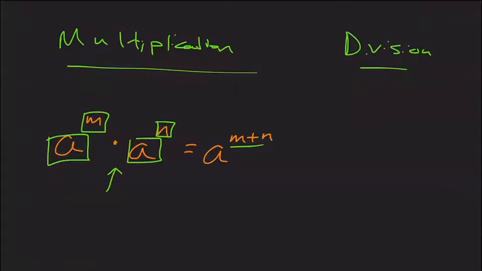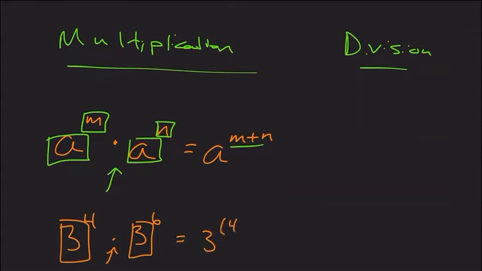But if we look at an actual example, it might look something like this: 3 to the 4th power times 3 to the 6th power. We'd say, okay, they have the same base. They're both 3's. We're multiplying, so we can add the exponents. So this would be 3 to the 4 plus 6, which is 3 to the 10th power.